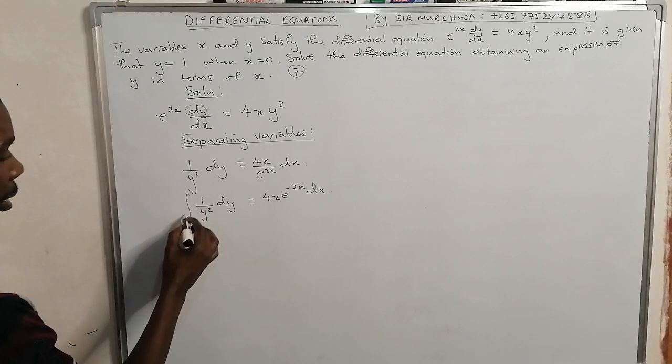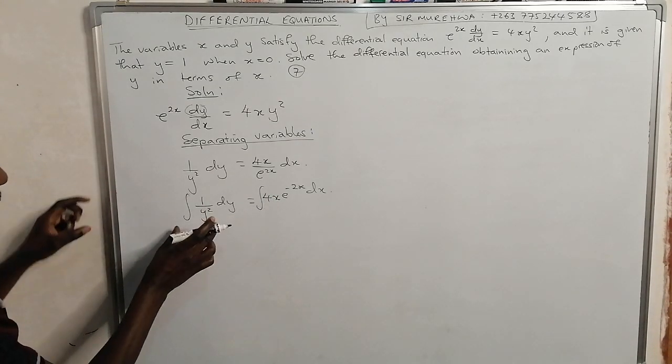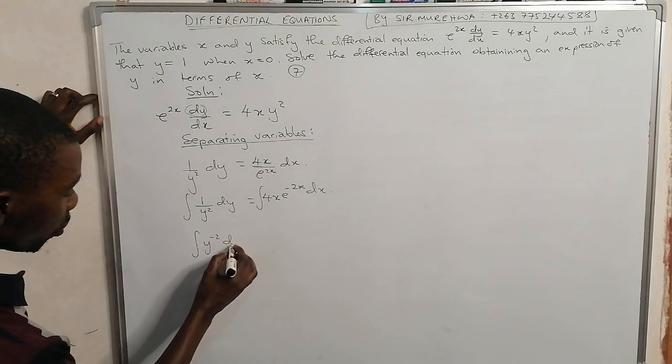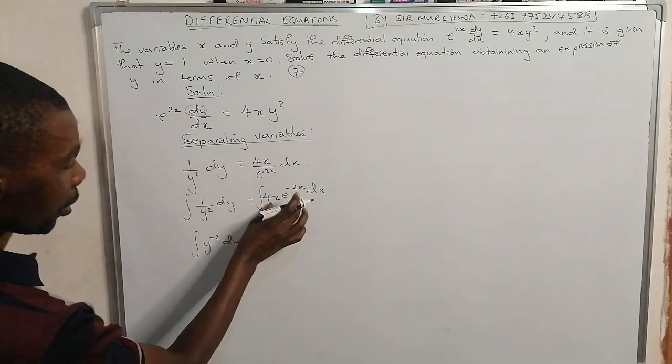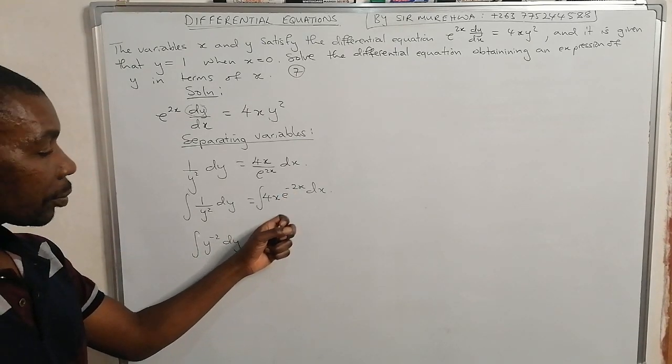Integrating this side and integrating this side. This one can be written in the form integral of y to the power negative 2 dy. Then, in this case, we are going to use integration by parts.